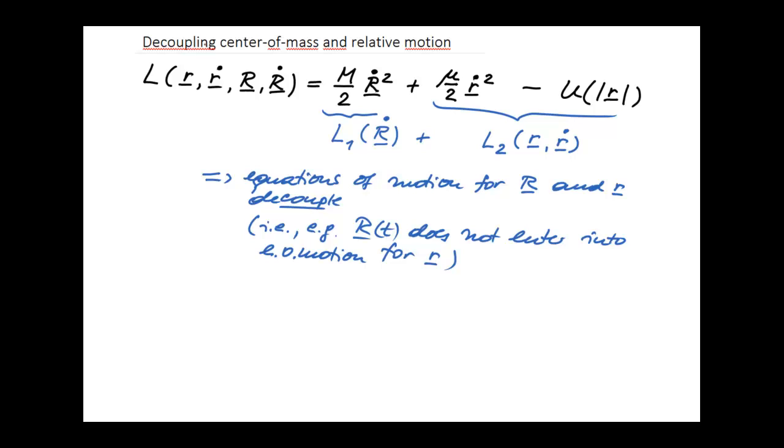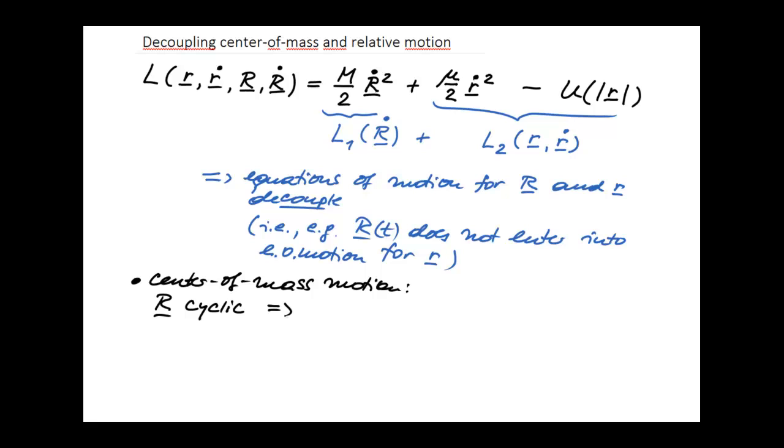That is actually very simple, because we immediately see that the Lagrange function that describes the center of mass motion, this L1, does not depend on the center of mass position. It doesn't depend on capital R. It only depends on the velocity, capital R dot. So the position of the center of mass is a cyclic coordinate.